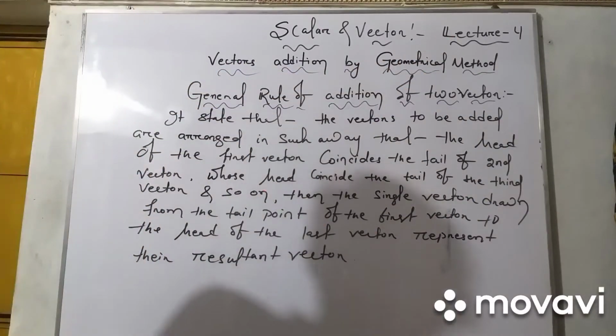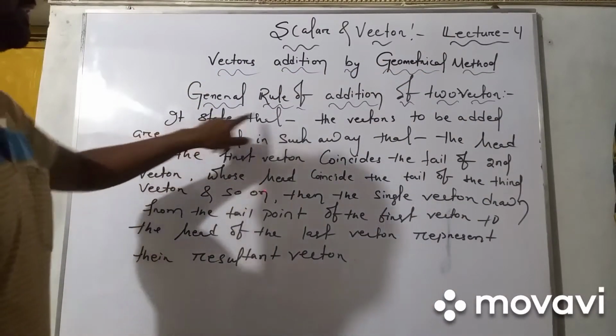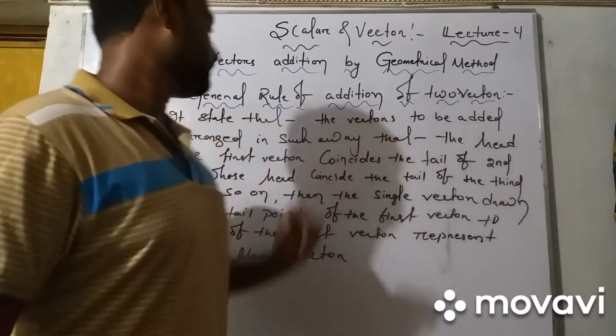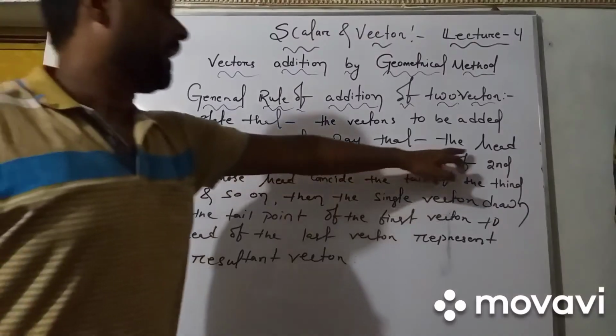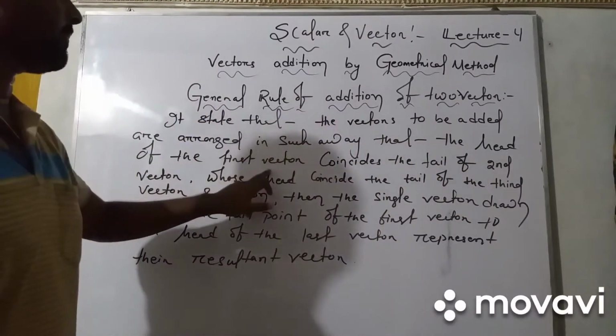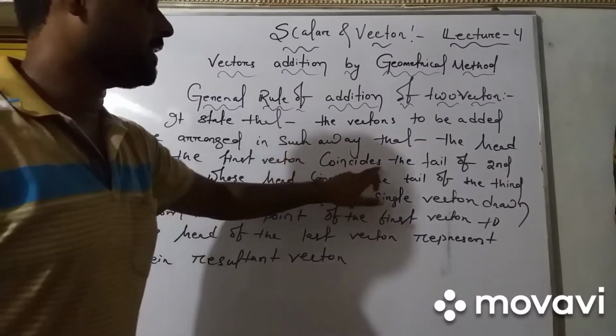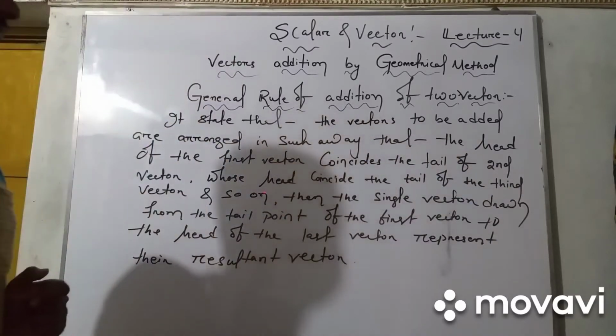It states that the vectors to be added are arranged in such a way that the head of the first vector coincides with the tail of the second vector.